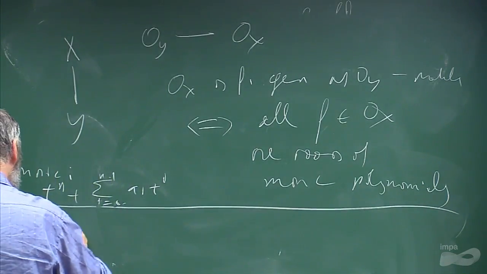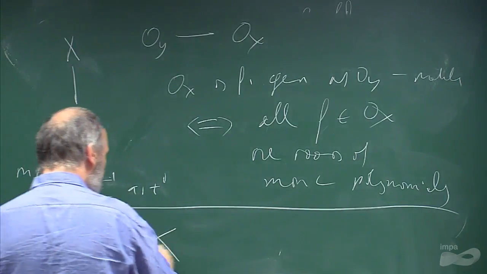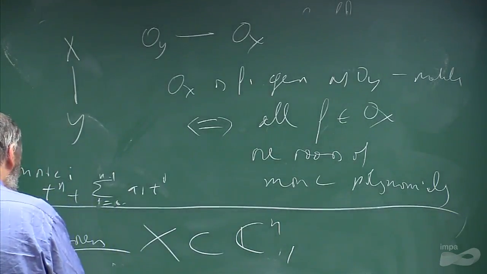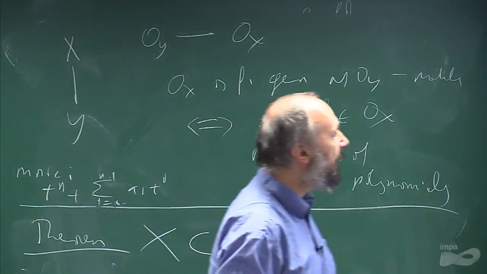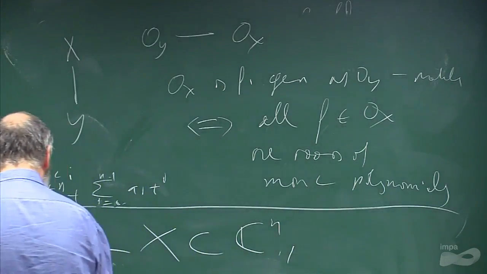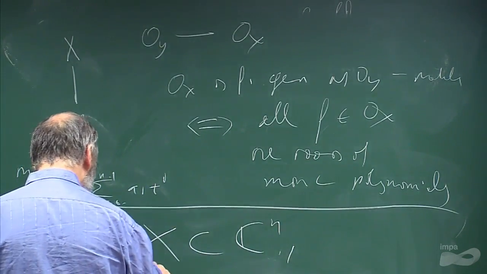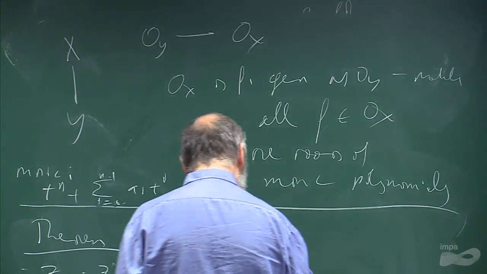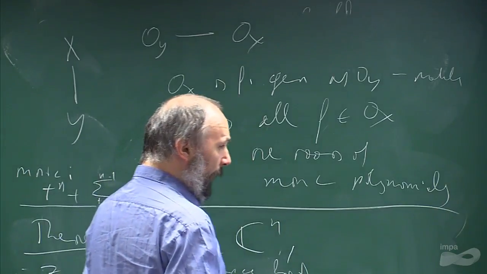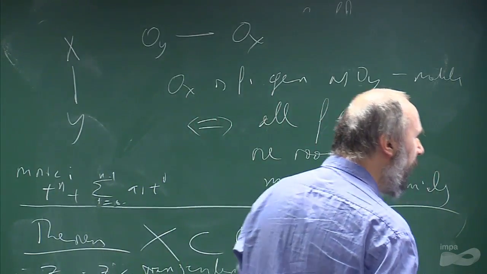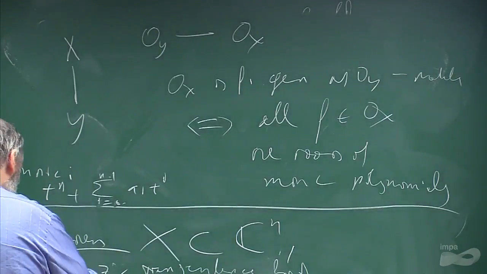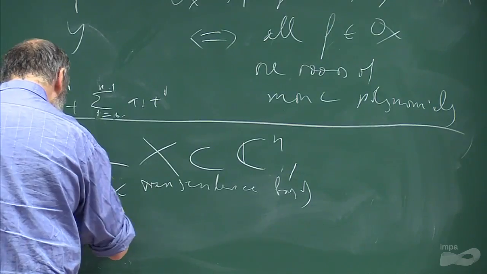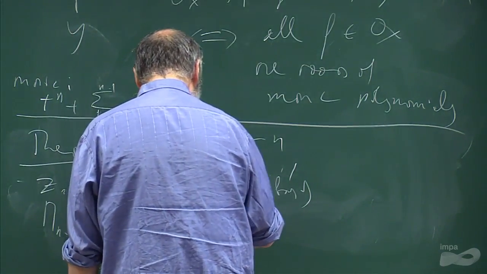So, theorem. You have X inside Cn. You have t, it's now z, I think. Yeah, it's now z. z1 through zk is a transcendence basis. And now we have a projection map p n minus 1 from X to X1, the projection map.